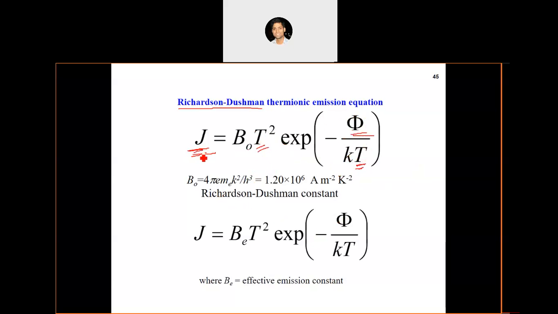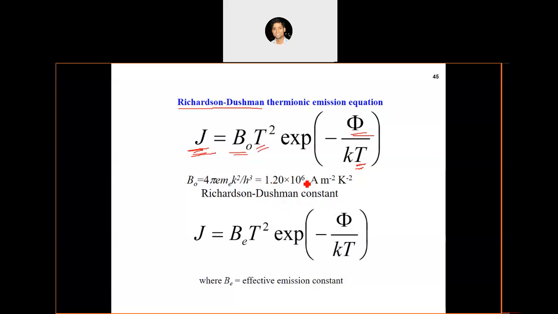In this equation, this B naught, which is the Richardson constant, the original equation assumed that all the electrons reaching the surface are emitted from the surface. But in reality, some of the electrons which reach the surface are reflected back because of the surface effect.